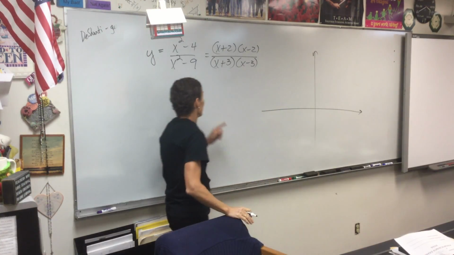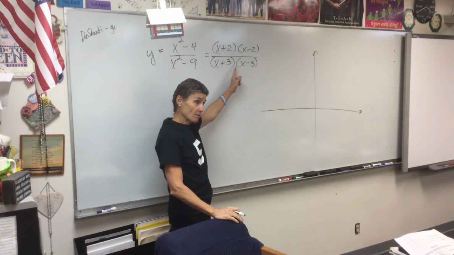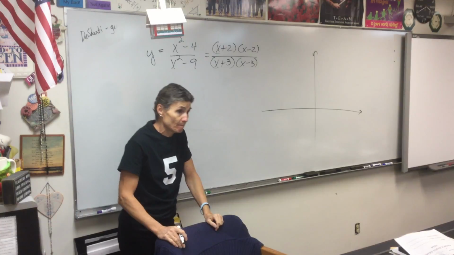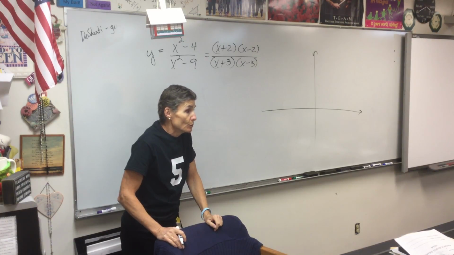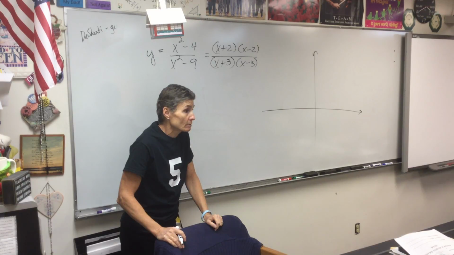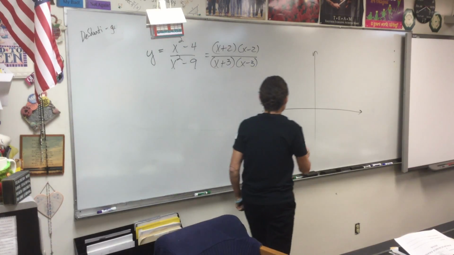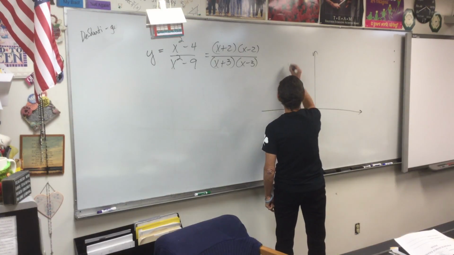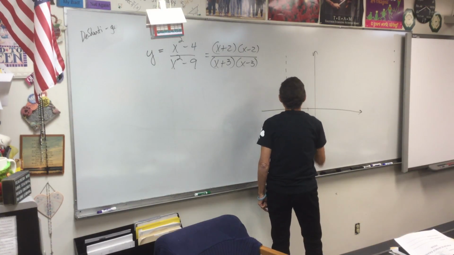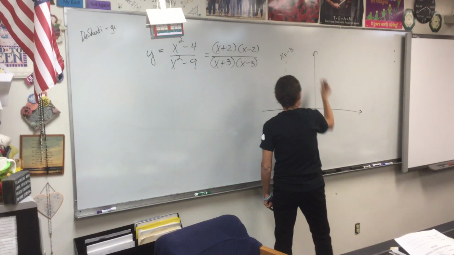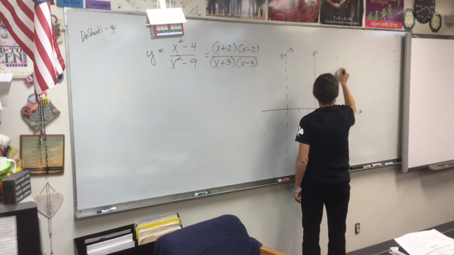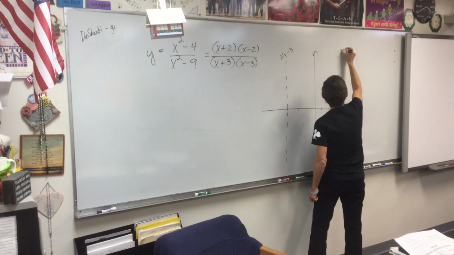But look, there's 2 things down here in the denominator. What does that mean? 2 vertical asymptotes. So I'm going to have a vertical asymptote at x equals -3, and I'm going to have a vertical asymptote at x equals +3.